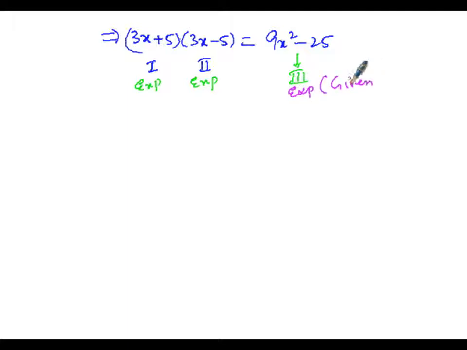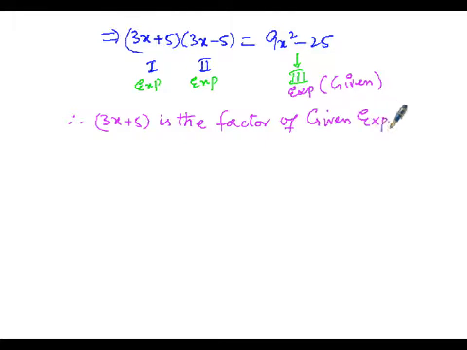Let us suppose it as the given one. When 9x square minus 25 is the given one, and the product of two expressions is 3x plus 5 and 3x minus 5, then each will be called a factor of the given expression. Therefore, 3x plus 5 is a factor of the given expression, that is 9x square minus 25.